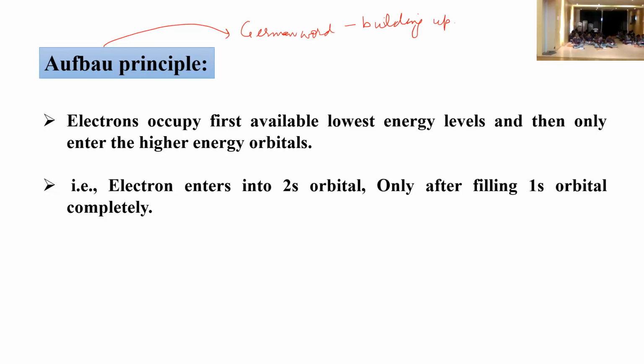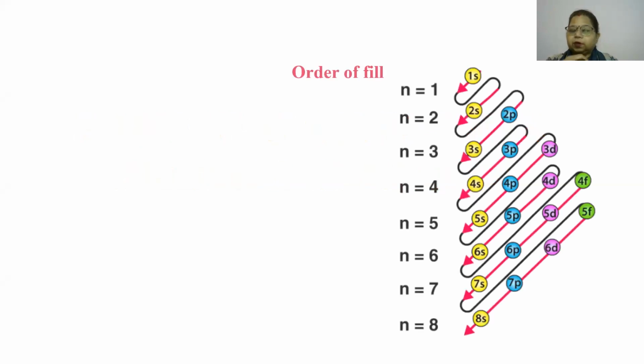And it gives you the order of filling of electrons in orbitals. Now the section whose students have been taught can tell me what this diagram is called. Can someone who has done this topic explain it to me or to the other students?